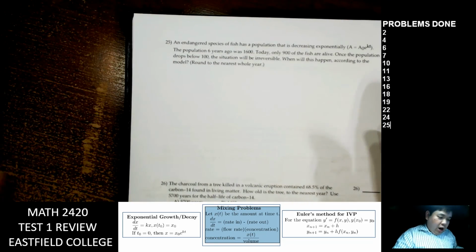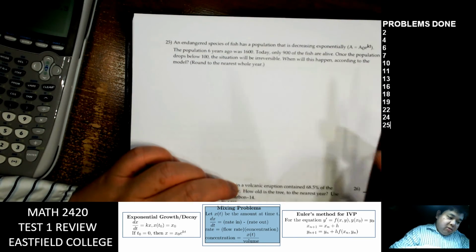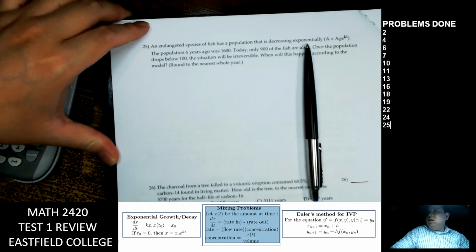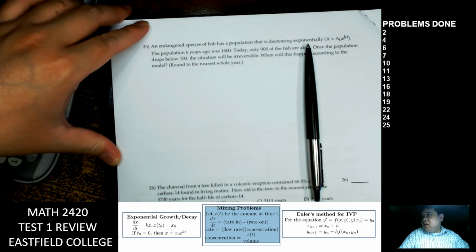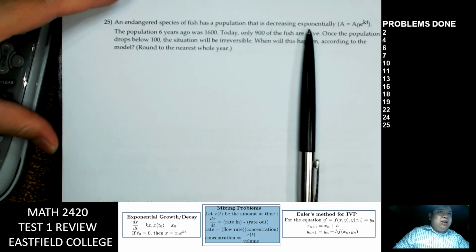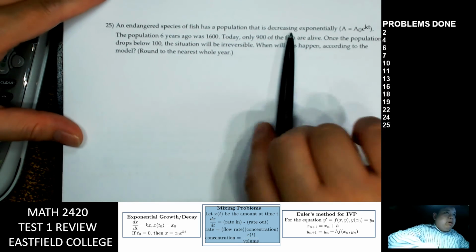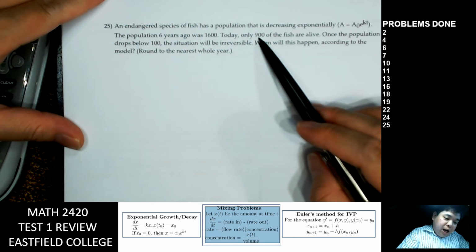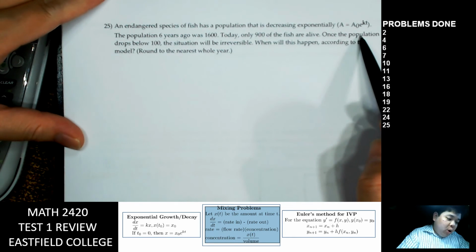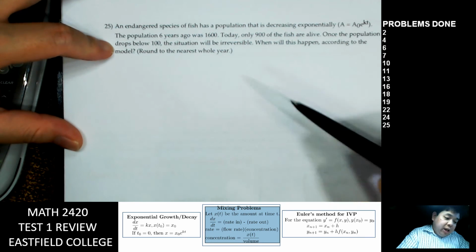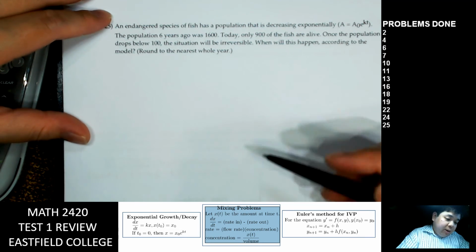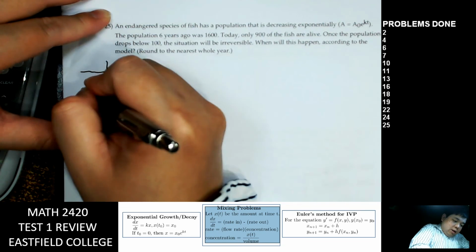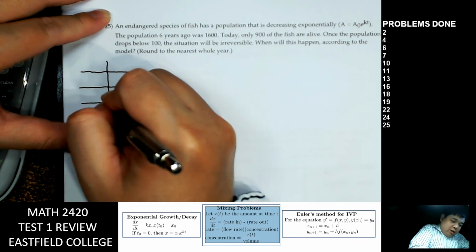Right. An endangered species of fish population characterized by that. We don't need a lot of space here. So I zoom back in. Right, the population of 6 years ago was 1600. Only today 900. Once the population dropped to 100, it cannot go back. Right. So let's summarize a few things here.